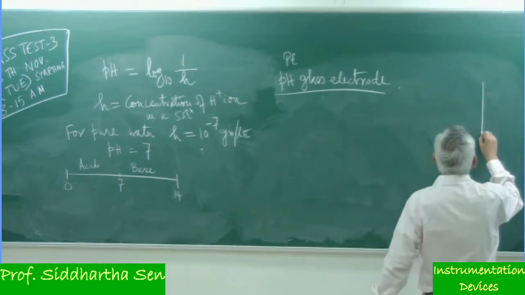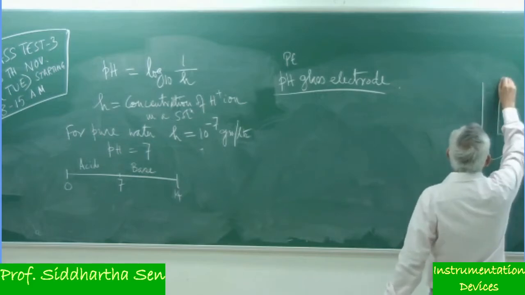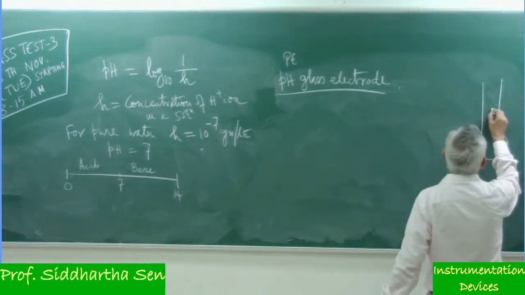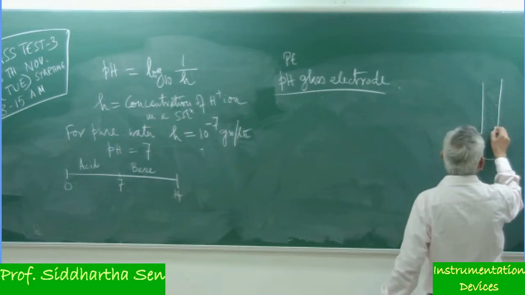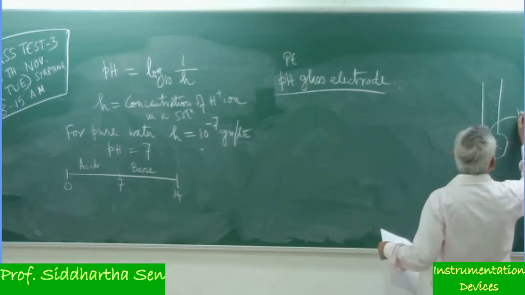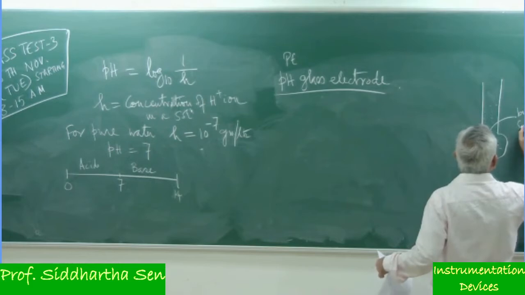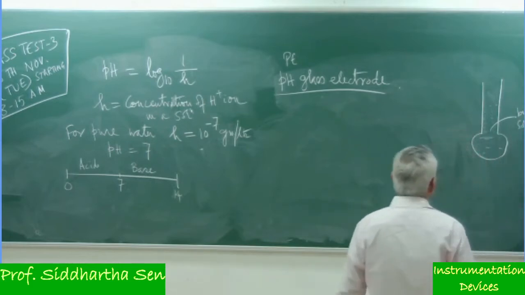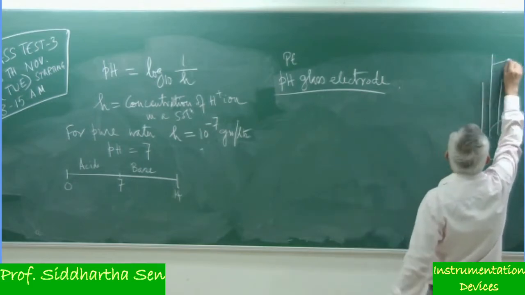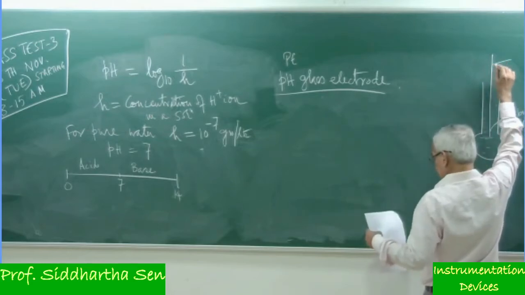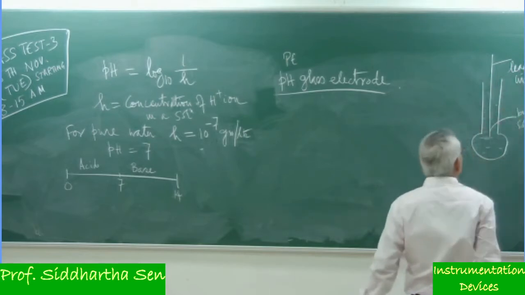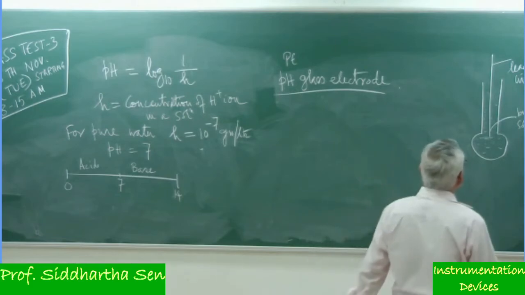Actually, if we look at it, it is put in some buffer solution, which is providing some electrical continuity there, and then an electrode or lead wire or metal wire, maybe copper or any other thing, or maybe even platinum or gold.